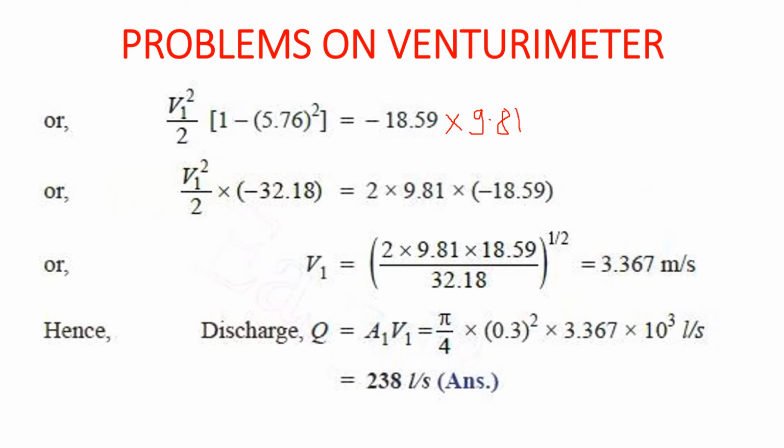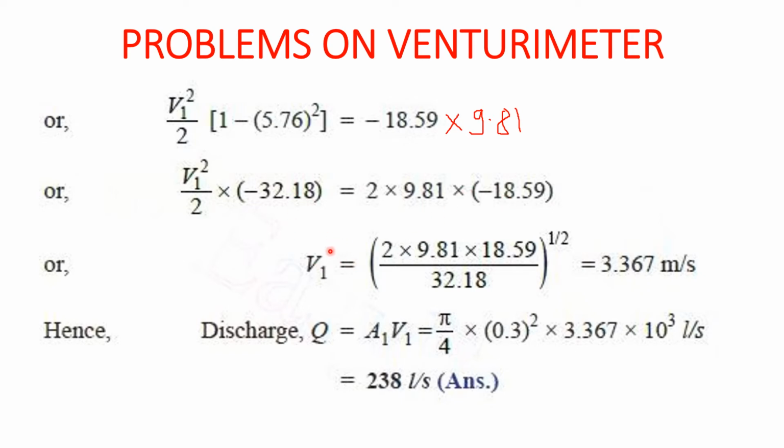Then v1 square by 2 into minus 32.18 is equal to 2 into 9.81 into minus 18.59. Okay, so now we have got this particular value, that is v1 square by 2g.